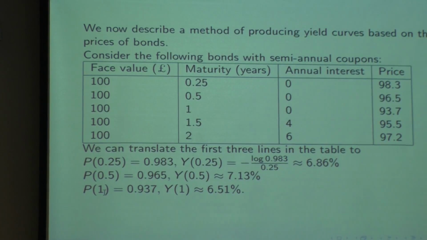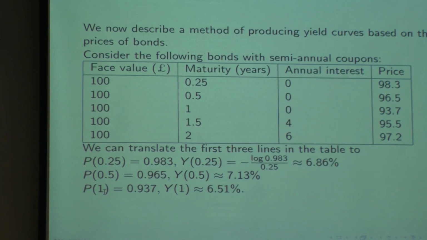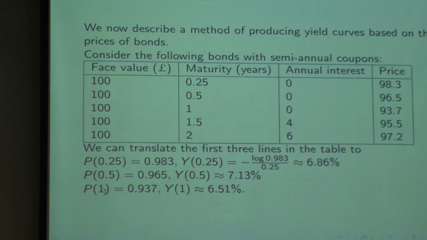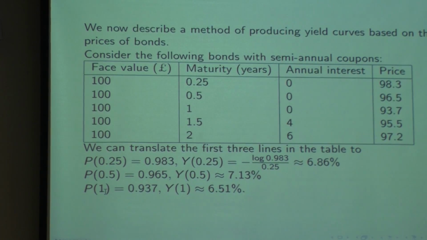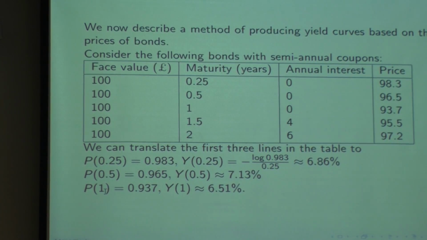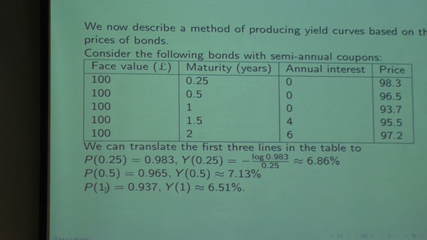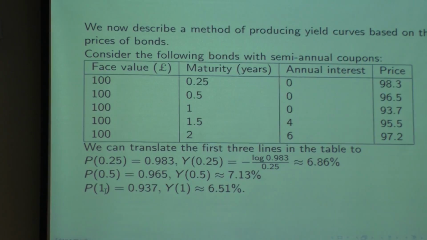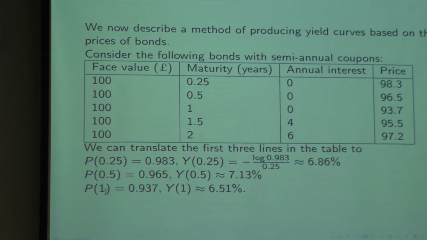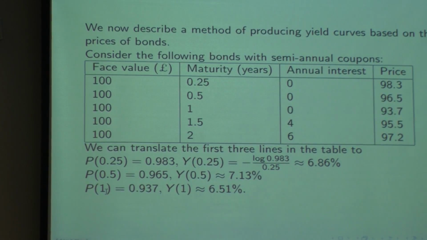I'm getting log of p of t is minus y of t times t. And if I want to know what is y of t, once I know p of t, I'm going to get that y of t is minus log p of t divided by t.